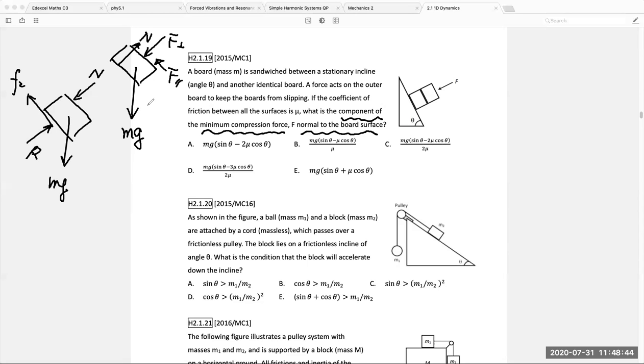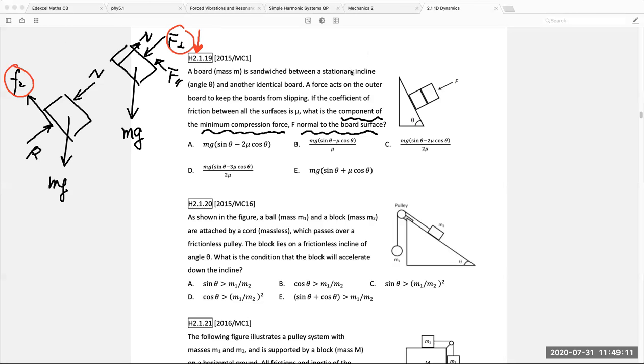Now, how can we reduce the F perpendicular? We want to reduce this one. That means we want to have a smaller friction, F2 or F1.